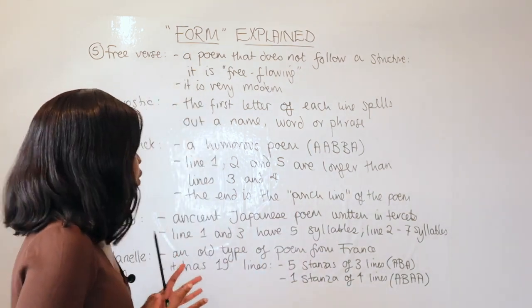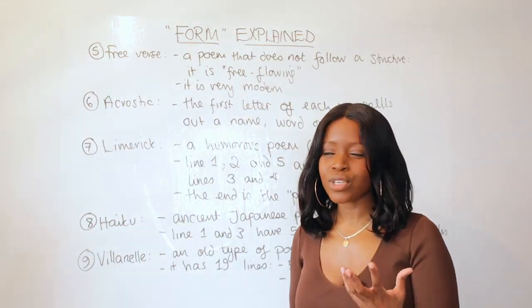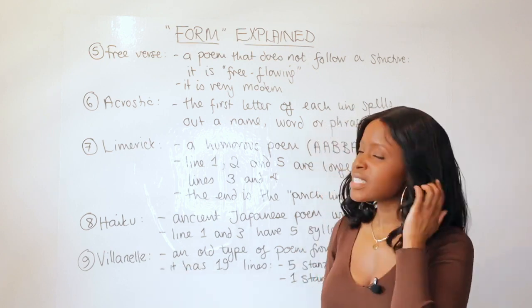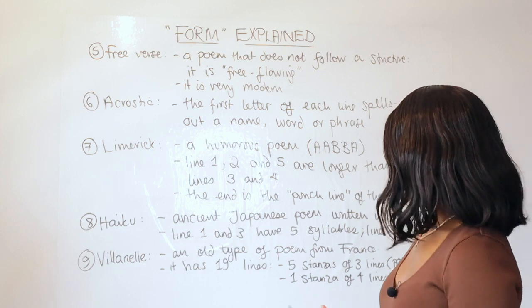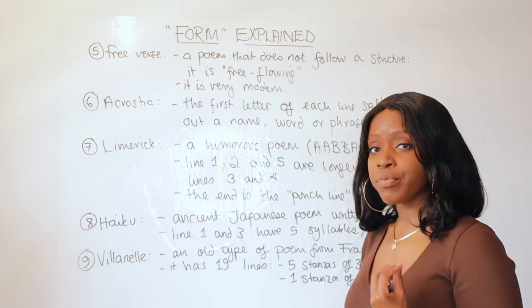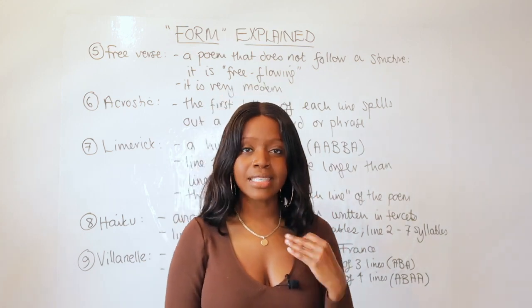Now, moving on to a poem which is from Japan called the haiku. Now, this is a very ancient Japanese form of poetry. It is written in tercets, which are 3-line stanzas.